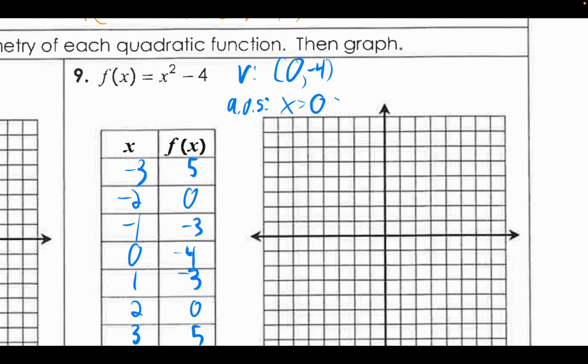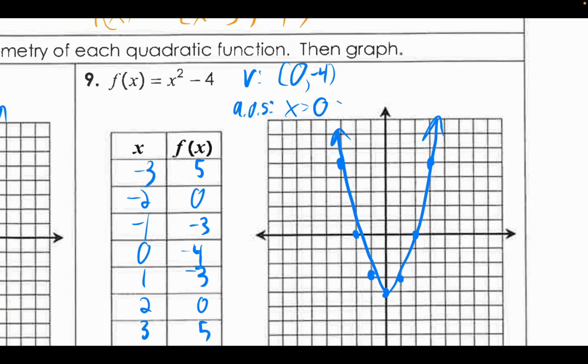As I plot these points, I end up getting the following 7 points on my graph, connecting them, and I have my parabola. And both 8 and 9 had a positive a, so it did open up. It did not reflect vertically and open down.